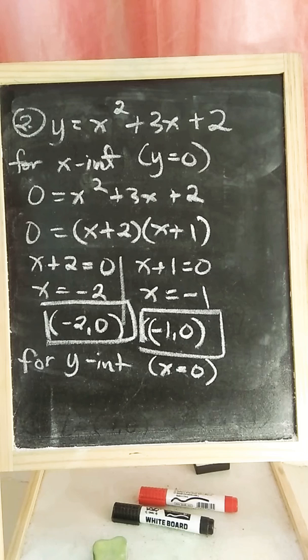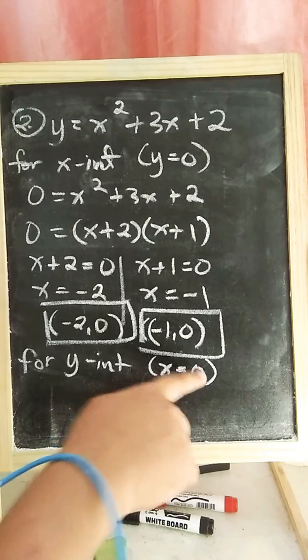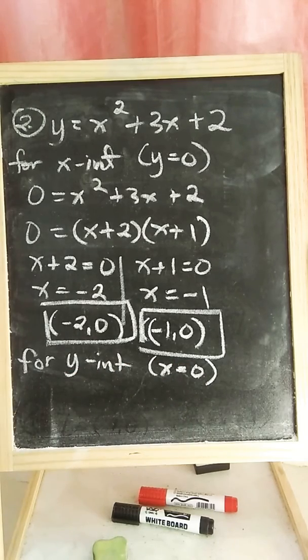When we talk of functions, it is a special equation whereas for every value of x, there is exactly one value of y. So, ibig sabihin nito, isa lang ang y-intercept mo. Isa lang ang y-intercept for any polynomial functions. Ang madami, yung x-intercept.